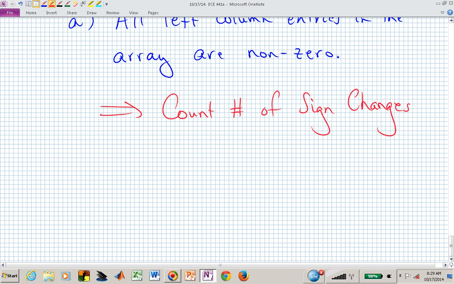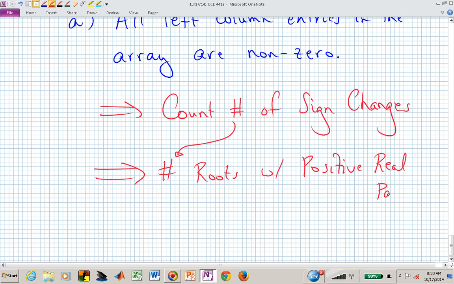We just step down the column from top to bottom, and we say how many sign changes did we experience in going from the top row down to the bottom element. We then use that number. This number actually tells us the roots of our original polynomial with positive real parts.